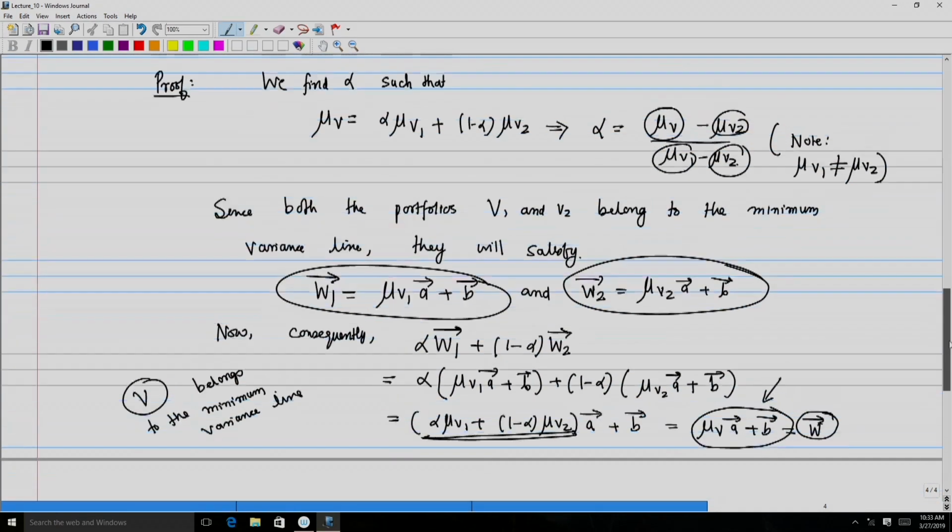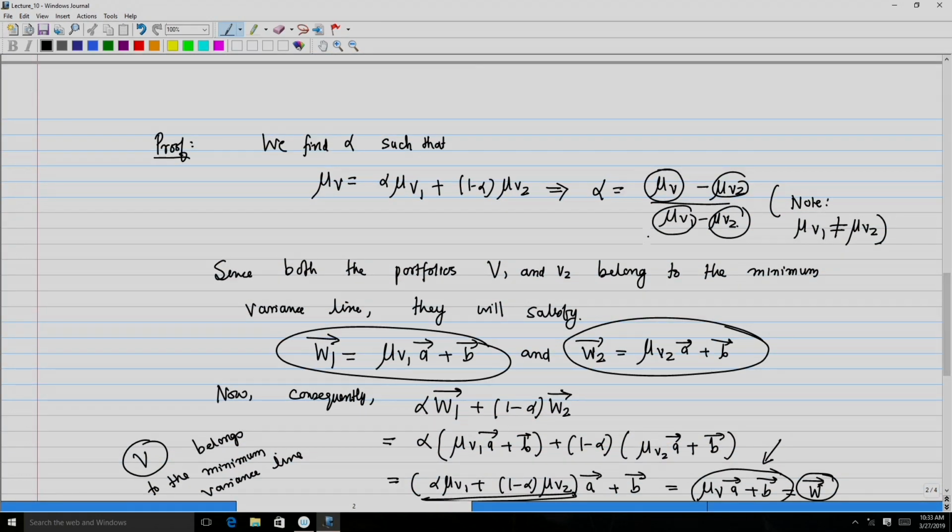So, here the fraction of the amount that I will invest in portfolio V1 and equivalently that I will invest in V2 can easily be figured out, because it is given in terms of mu V, mu V1 and mu V2. If I go back to this setup, here I have chosen these two portfolios whose expected returns mu V1 and mu V2 are known a priori, and then I decide that I want to create a portfolio with this expected return of mu v.